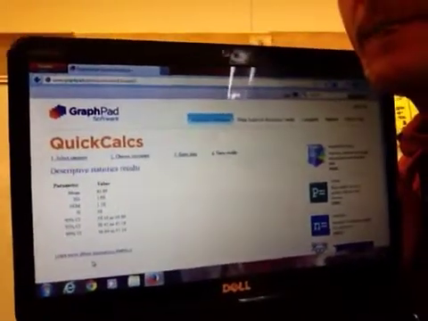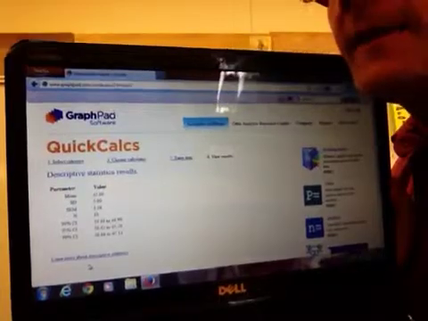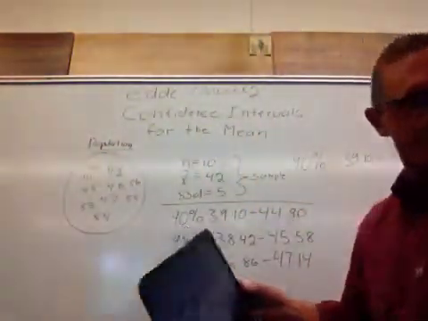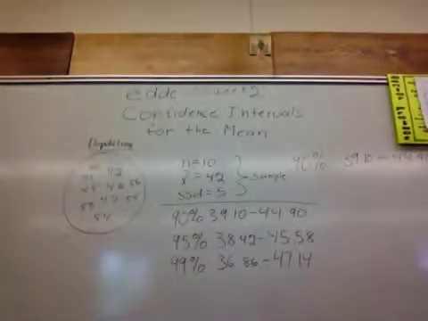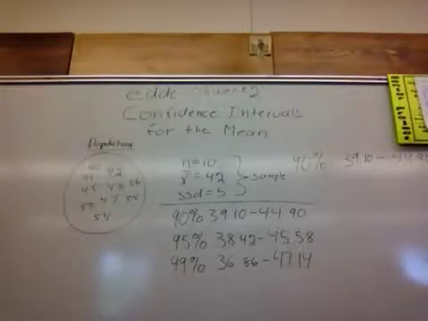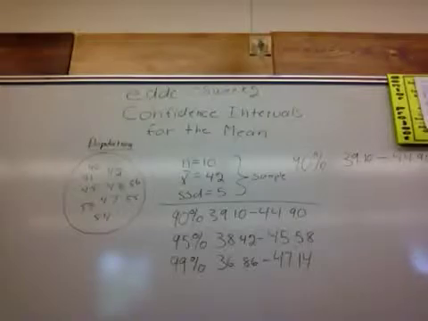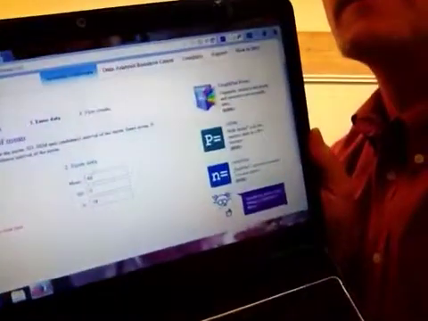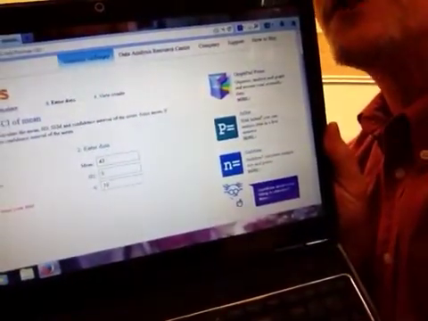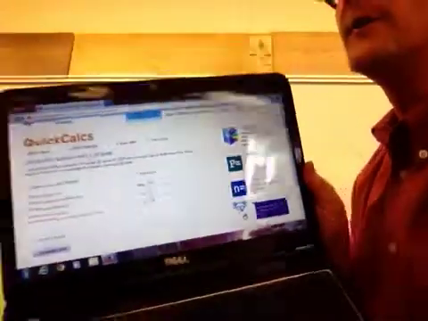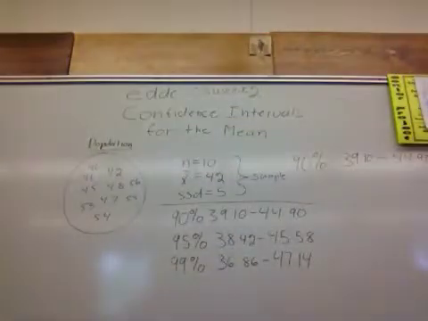There we go. As you can see, I have put in the calculator the mean, the standard deviation, and the sample size right in the GraphPad calculator.